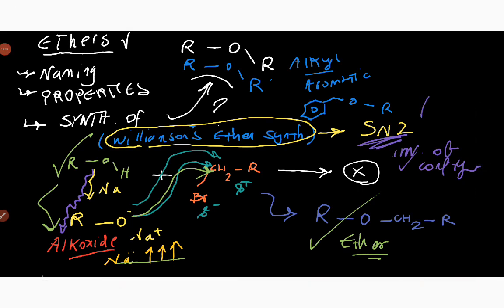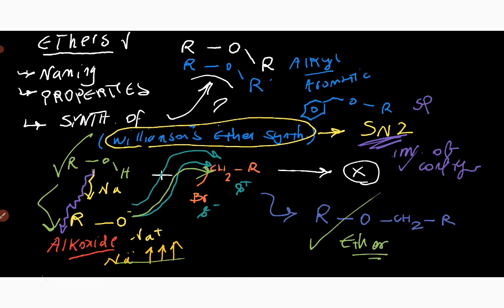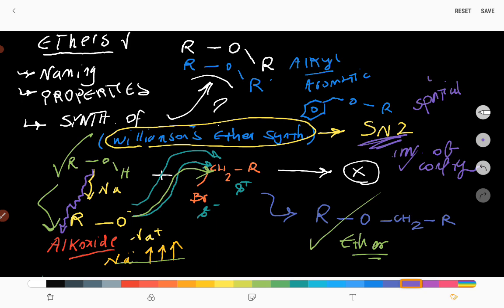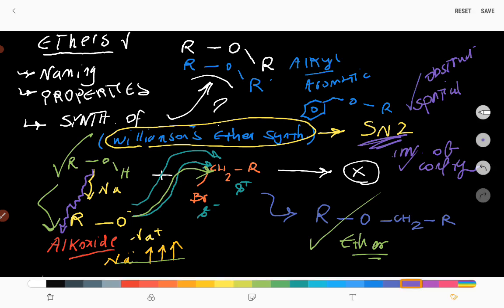So you have the effect of spatial obstruction. Spatial obstruction means the groups, the substitutions around the carbon, whether it is chiral or not, will affect the reaction.